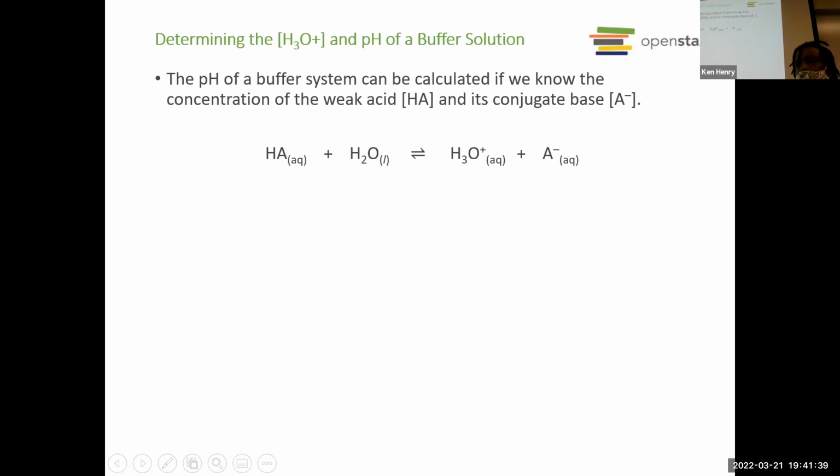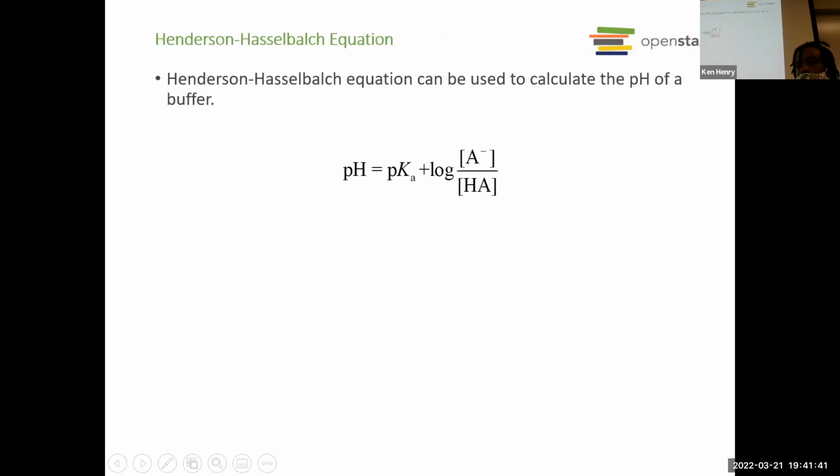Using the Henderson-Hasselbalch equation, we can calculate that the pH is going to be equal to the pKa, which is minus log of the Ka, plus the log of the concentration of the conjugate base over the acid.